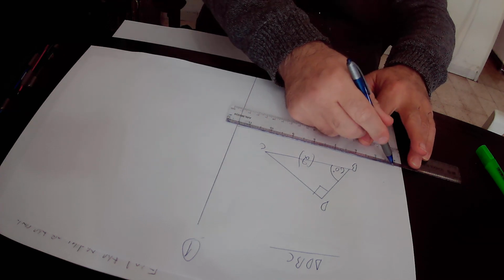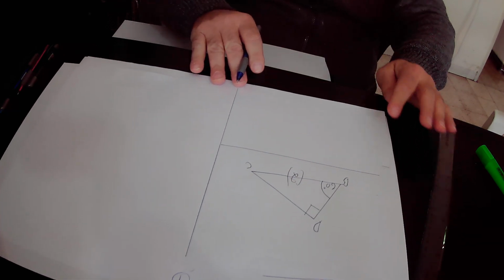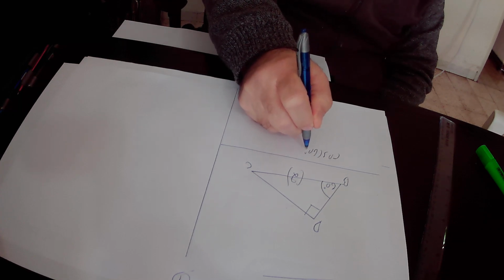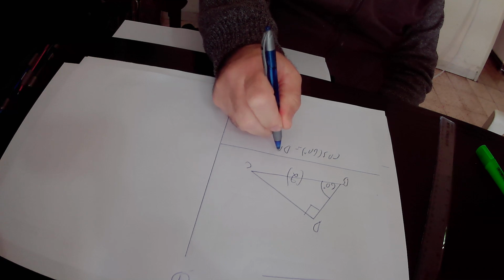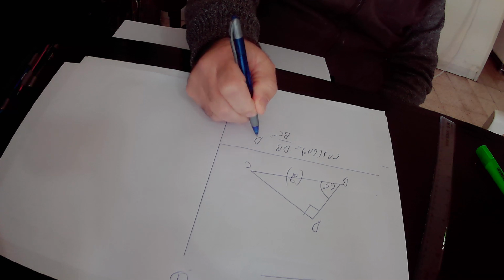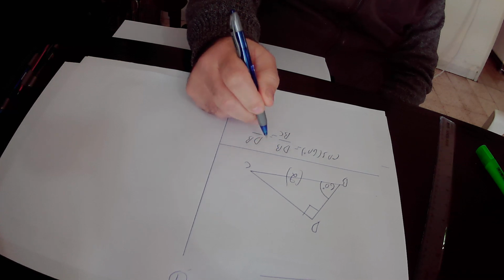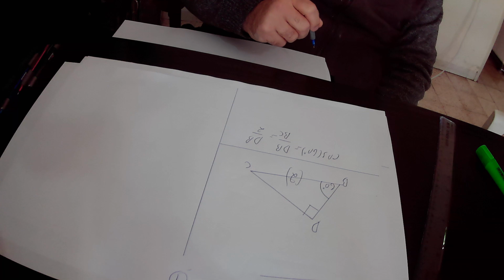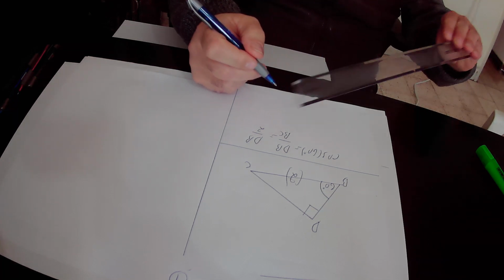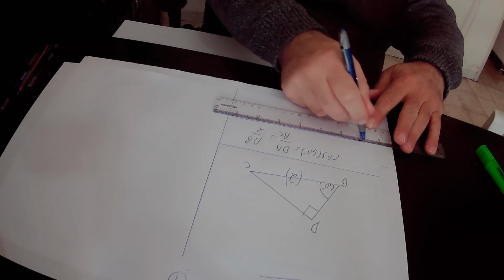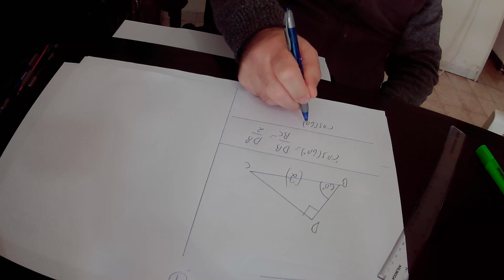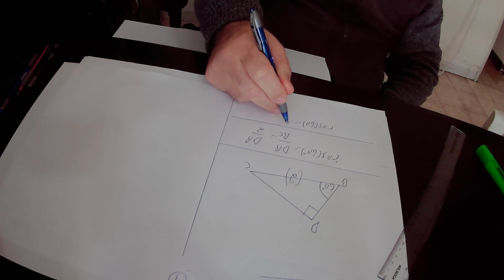On this right triangle DBC, cosine 60 degrees equals DB over BC, and BC is 2. So cosine 60 degrees equals DB over 2.